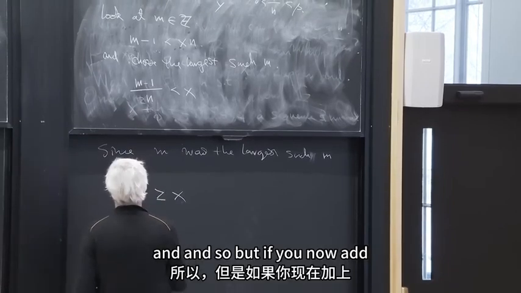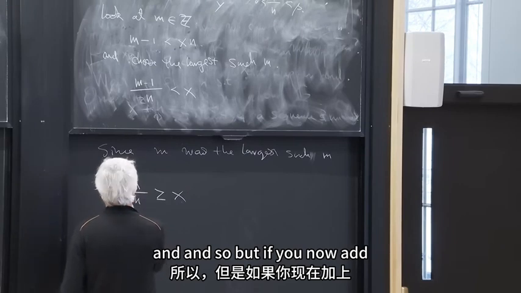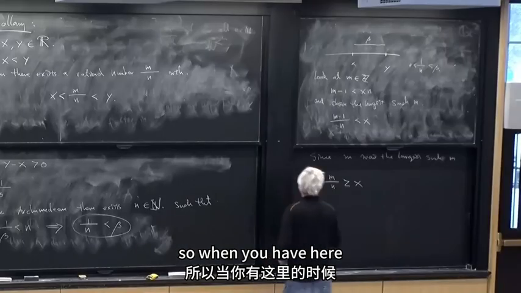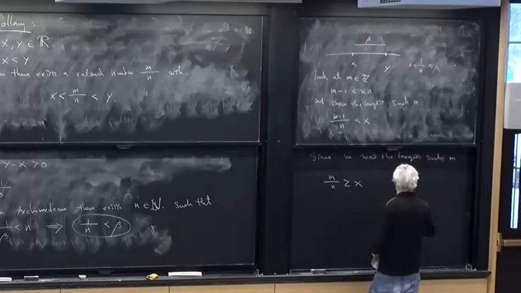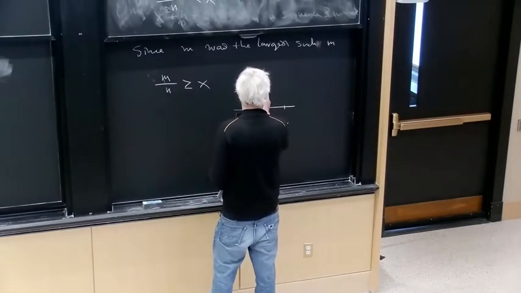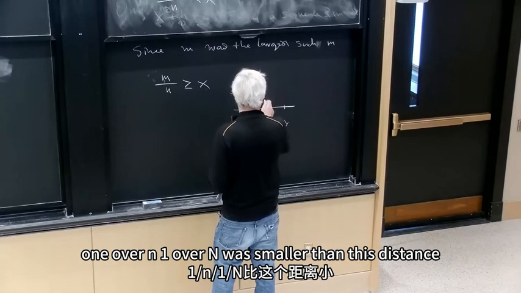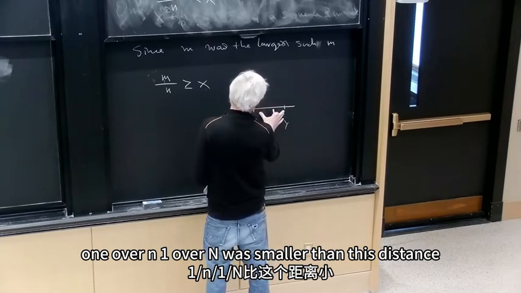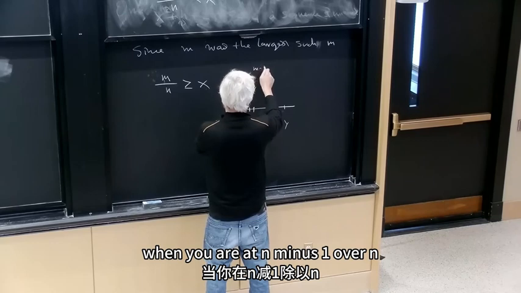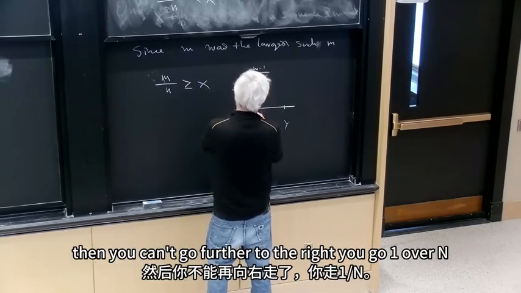But now the step size. When you have here x, here y, 1 over n was smaller than this distance. So if you are at some point here, this is where you are when you are at m minus 1 over n, then you can't go further to the right.